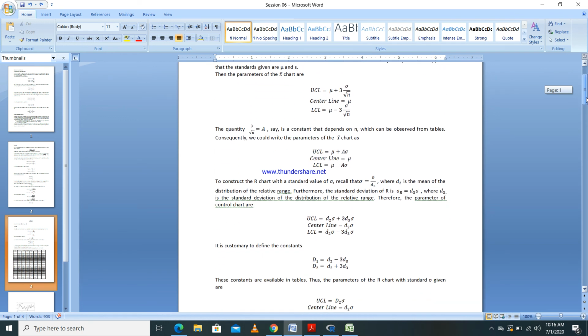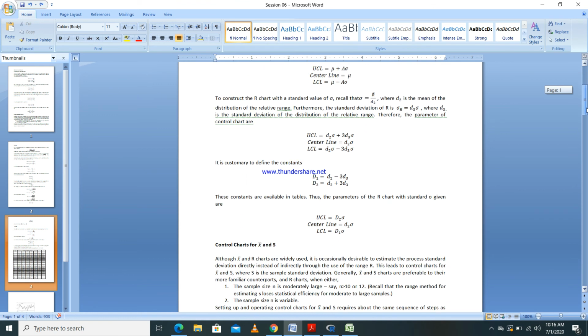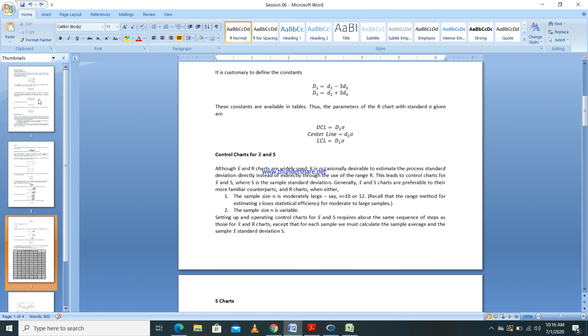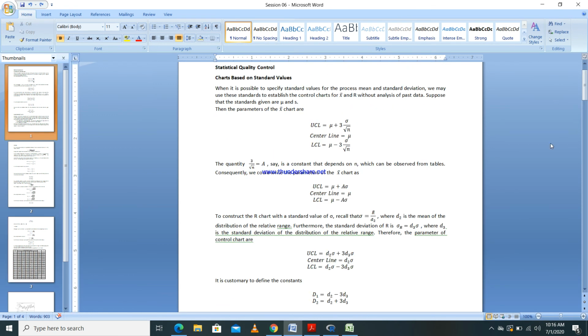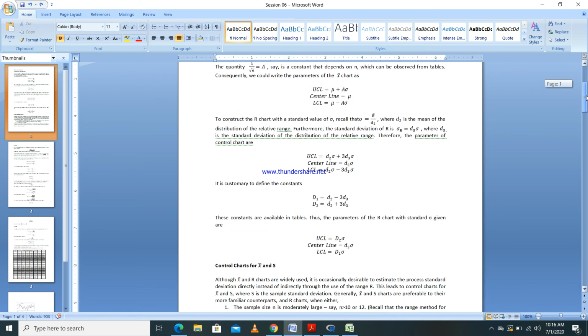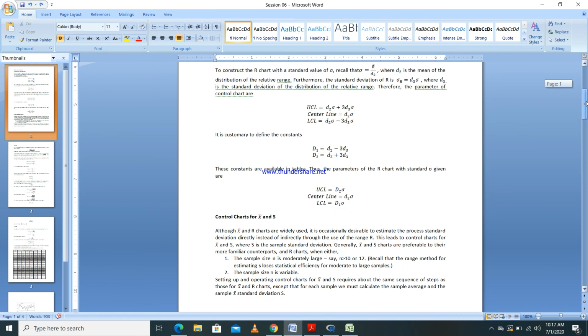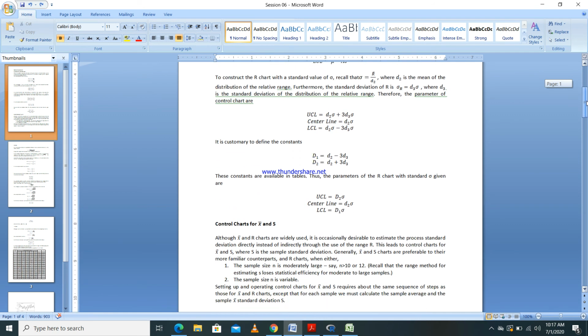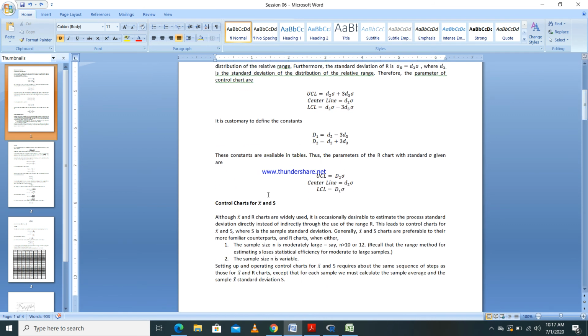So in this case, if you are going to construct the R chart when the population standard deviation is known, you can see these are the set of equations of the control limit.